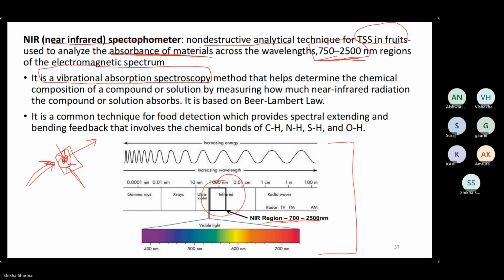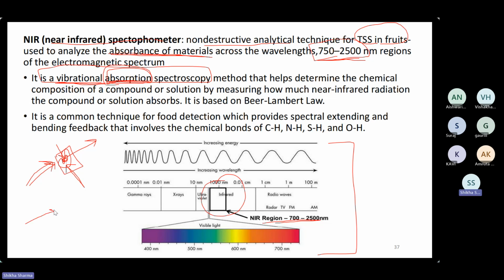Whatever is absorbed by the food product will be considered by the detector and can be detected. Based on that, the food product or its TSS can be detected. So this is vibrational absorption spectroscopy.